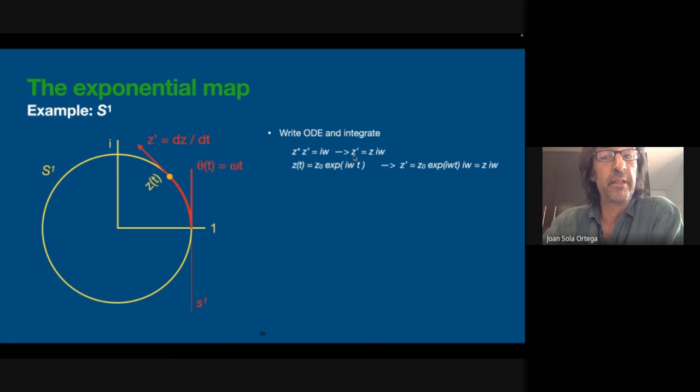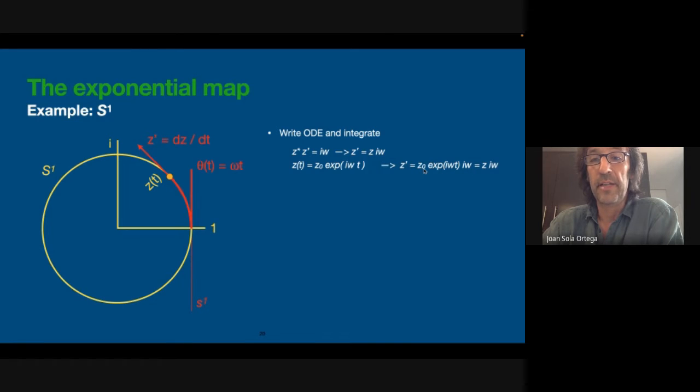And you can integrate this equation very easily. So z of t is z0 exponential of i omega t. This is the general solution of this differential equation. For those who find this very surprising, you just need to differentiate this with respect to time. You will find z dot equals, this is a constant, z0. This is the exponential. So the derivative is the same exponential times the derivative of what's inside, i omega.